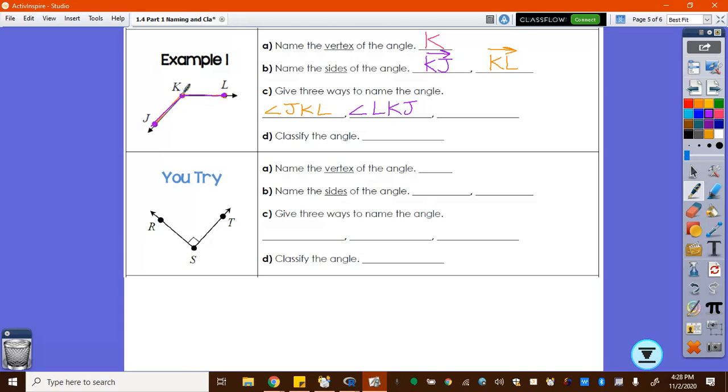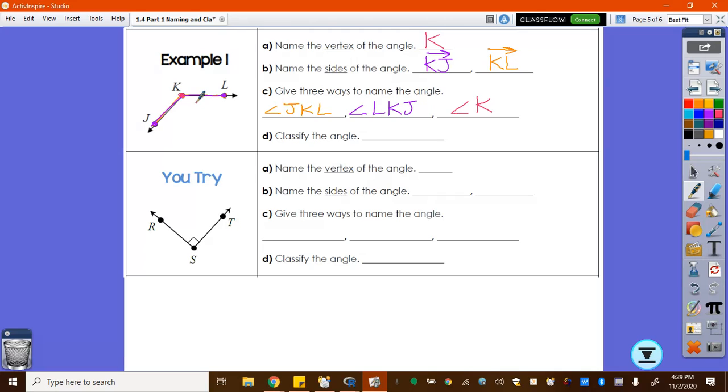Remember, the vertex must be the middle letter. You need your angle symbol, and we're using capital letters. If we want to name it with one letter, then we would name it using the vertex. My vertex, we already said, was K. That's this point here. So we could also call this angle K because there are no other angles at this vertex.